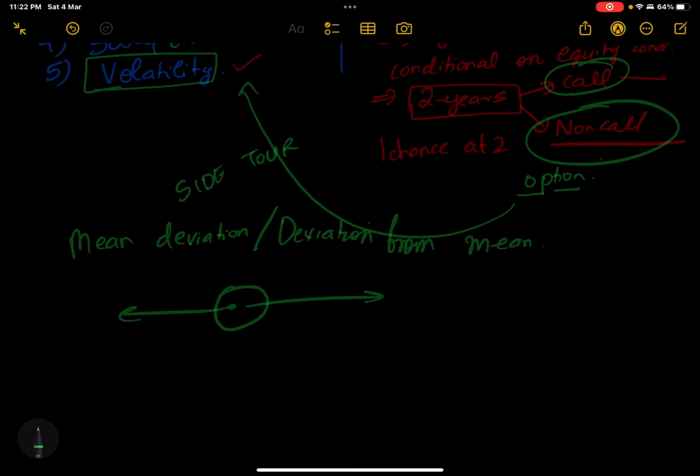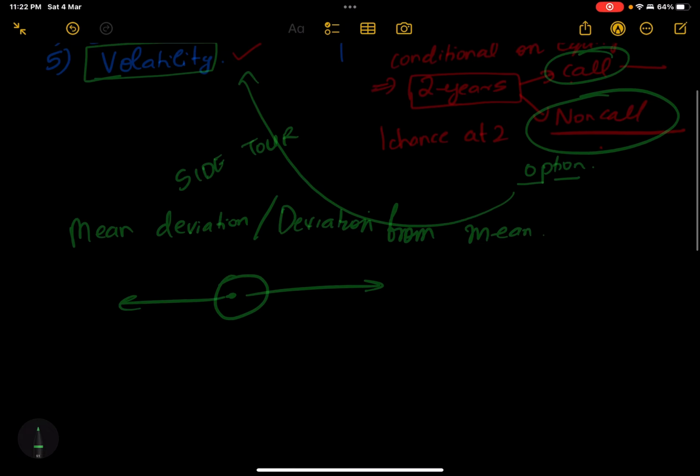Now, why do we need to measure this? Because optionality is all about, if you know how volatile the underlying is, you can basically price any option. So this is the most important input in pricing any option.